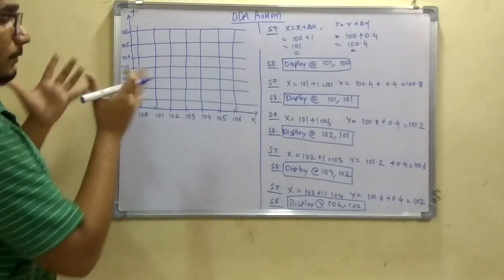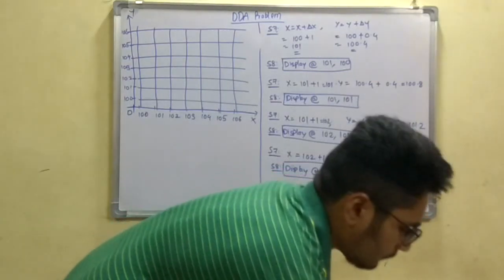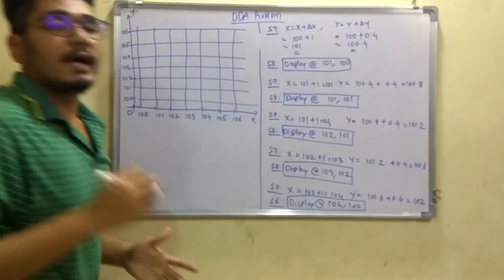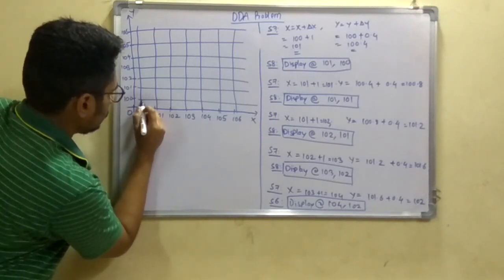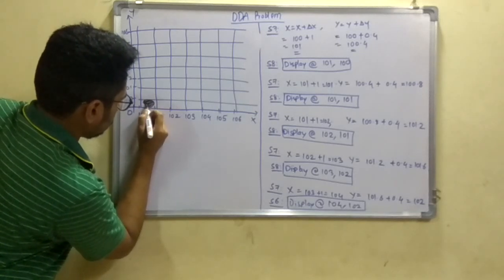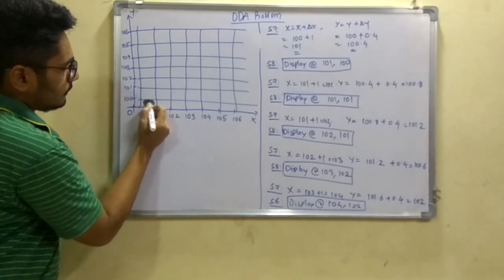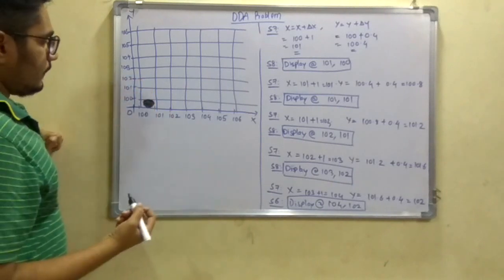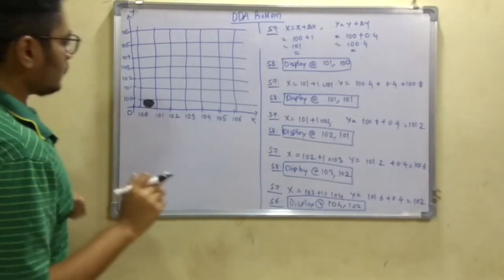So let's project the points we have obtained so far. We have the very first point, that is 100, 100. So 100, 100 comes here, so it is here. So we actually draw a circle and we color it like this. Can you see? We actually draw a circle and color it in this manner. Next our next point is 101, 100.